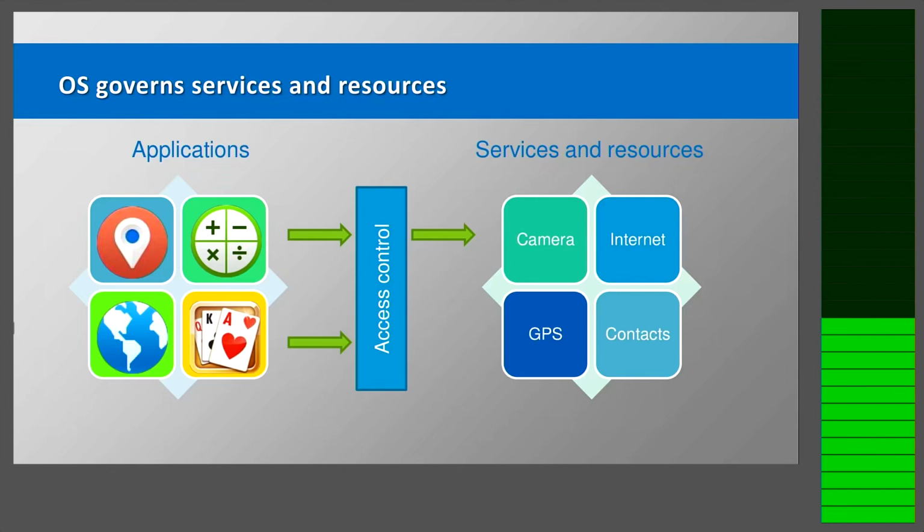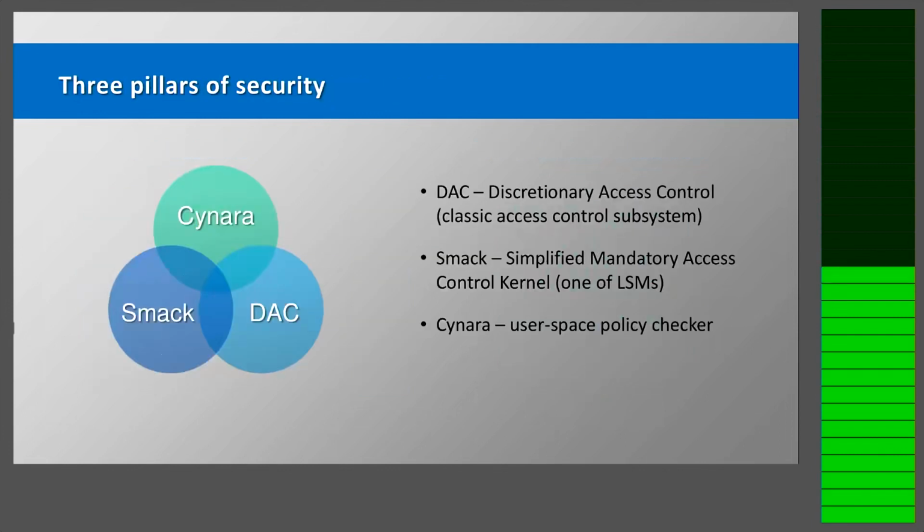Operating systems, to be useful, have some resources, some services, which should be protected. In desktop systems, they're mostly not. In mobile devices, they are. I'd like to introduce you to the system which provides access control on desktop systems. It's founded on 3 pillars.